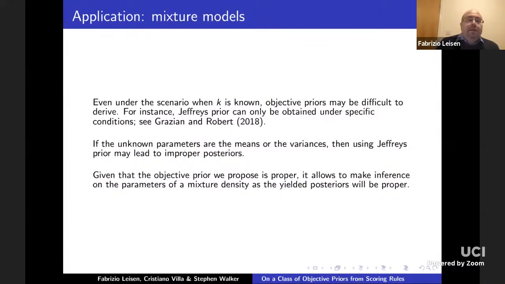Another problem is that if the unknown parameters are the means or the variances, if you use Jeffreys prior, these may lead to improper posteriors in most of the cases. And so, since the prior that we are proposing is proper, therefore the posterior is proper, and this allows us to make inference for the parameters.